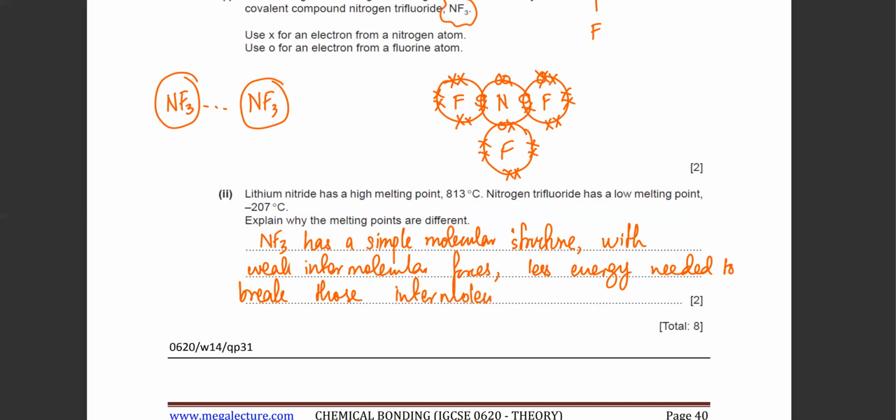Which is why these molecules can easily turn into gas. They can go their separate ways because the force of attraction is not very strong between them. So less energy is needed to break those intermolecular forces.